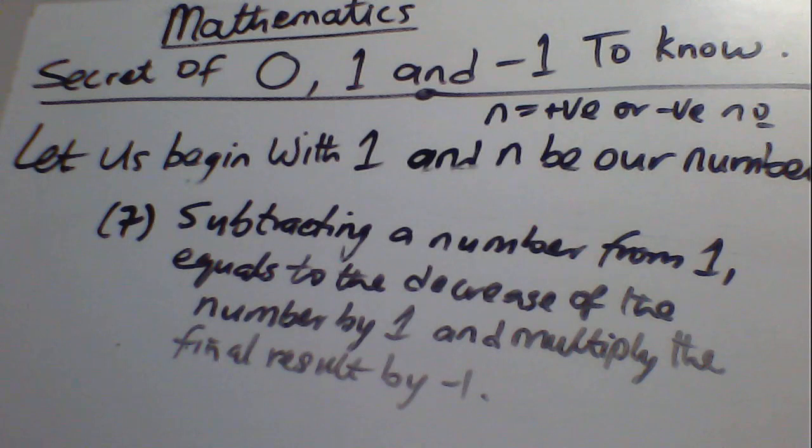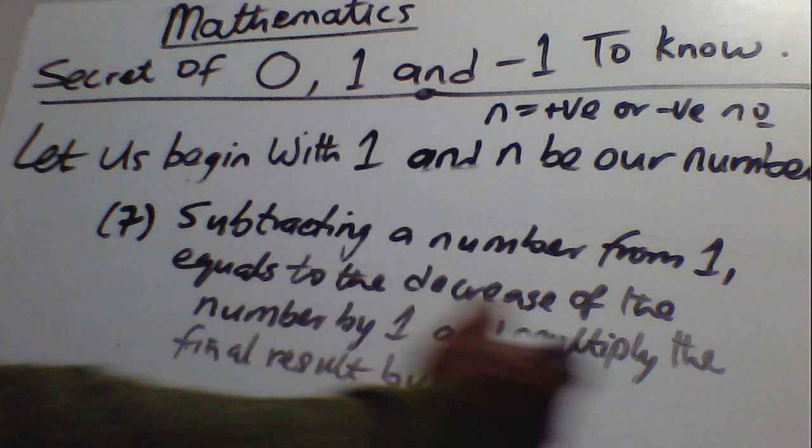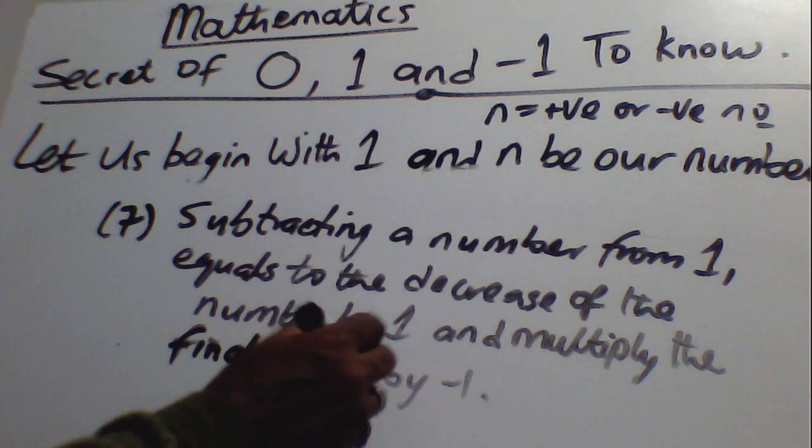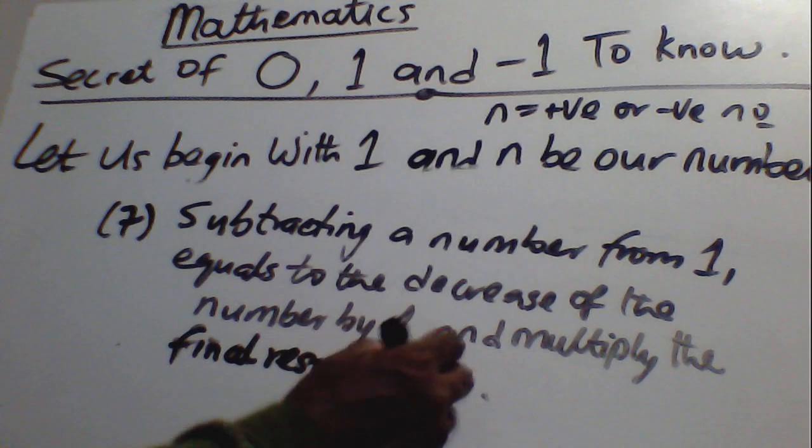So the 7th is: subtracting a number from 1 equals the decrease of the number by 1 and multiply the final result by what? Minus 1.